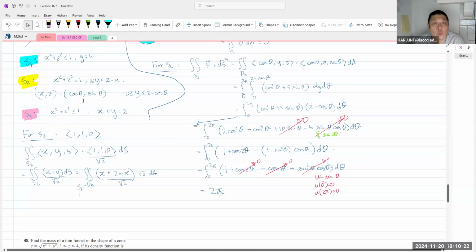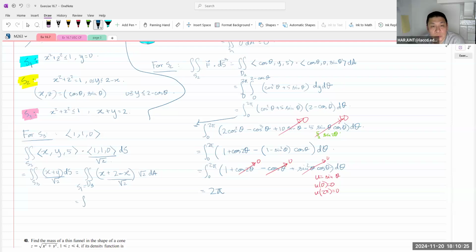So this is twice the area of S1, which is pi. So the double integral over S of F dot dS in this oriented situation is equal to 0 plus 2 pi plus 2 pi equals 4 pi. Okay, that's a long work, huh?